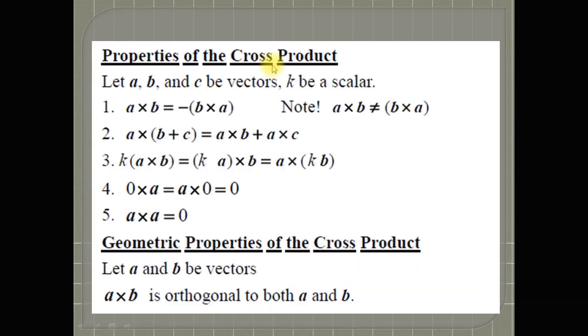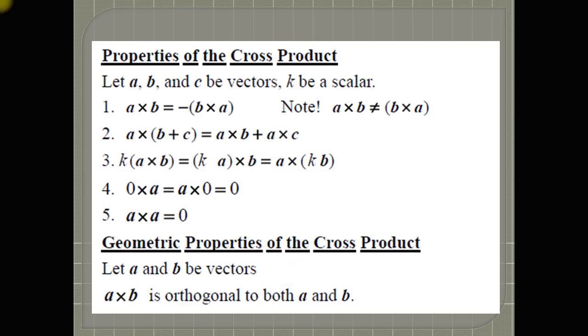So dear students, in this geometrical property of the cross product, we know that a cross b is orthogonal to both a and b, meaning the a cross b vector is perpendicular to both vector a and vector b.